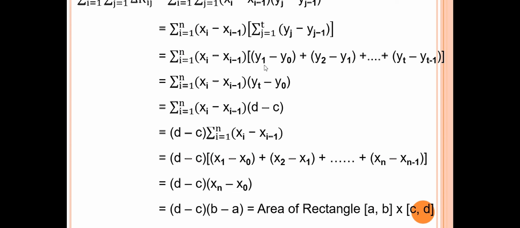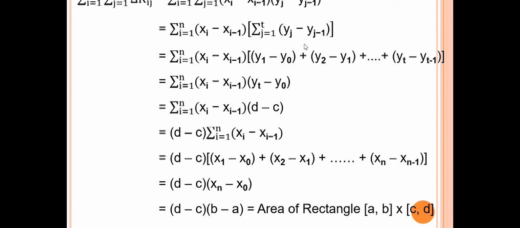What you have to do is put j equal to 1, plus j equal to 2, and so on. When you put j equal to 1, you get y1 minus y0. Then the sum is there, so you take a plus sign, and then j becomes 2, so it will be y2 minus y1, and similarly y3 minus y2, and so on.